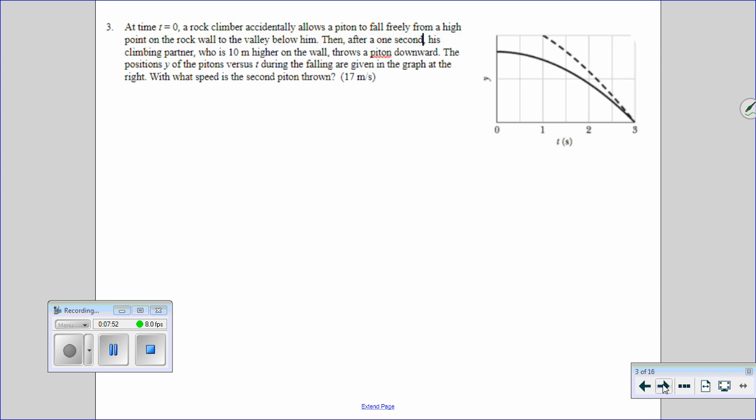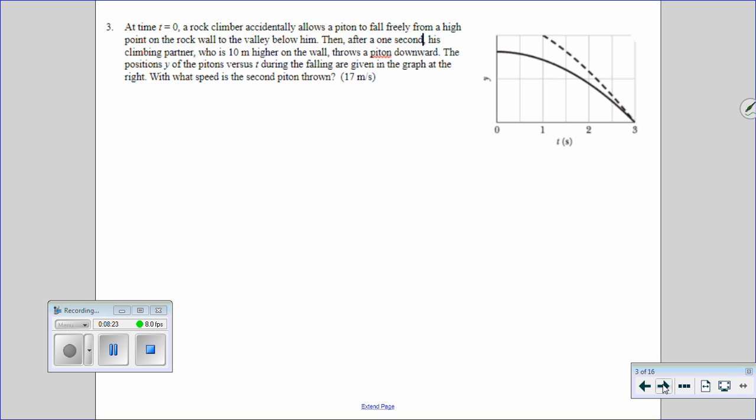You were supposed to assume, based on the graph, that that short time later was 1 second, but that was not at all clear because the graph might have been cut off. So let's not worry too much about that one right now. I think the concepts that would be hit by solving this, we will hit other places. If you struggled with it because of that, it should say after 1 second, the climbing partner throws it.